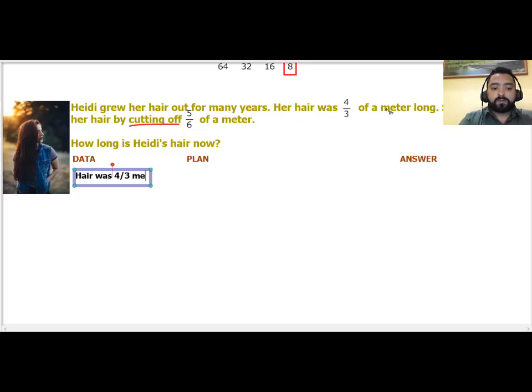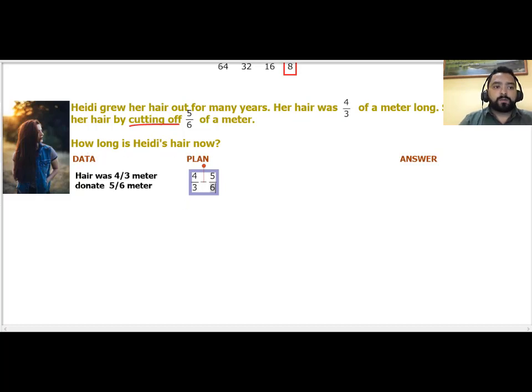And then she donated, cutting off means subtracting, 5 over 6 meters. In the plan, at the beginning was 4 over 3 minus 5 over 6. Now the question is, how long is Heidi's hair now?